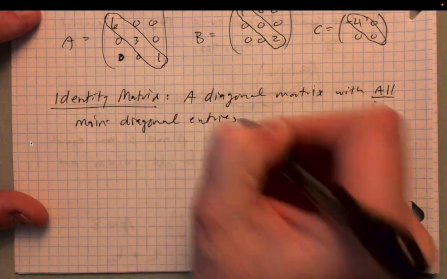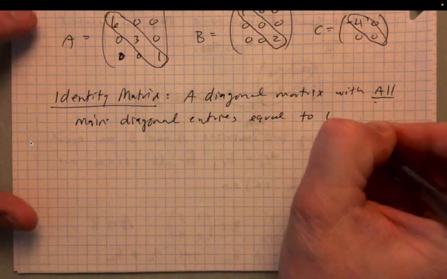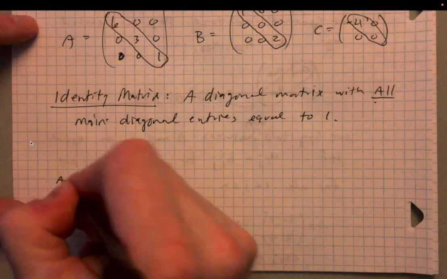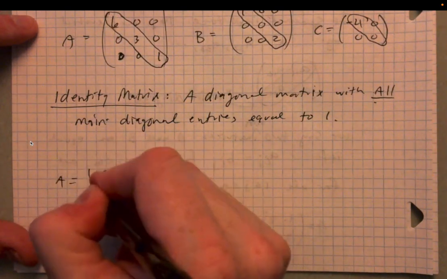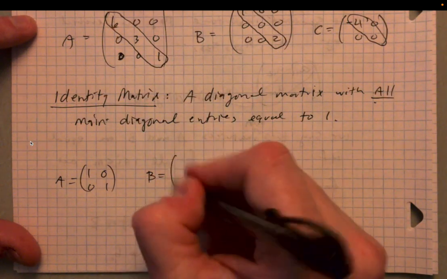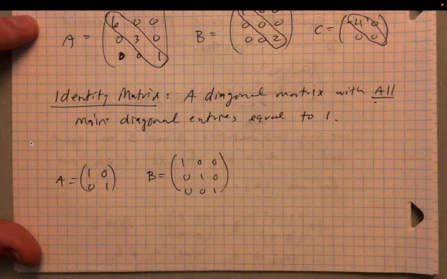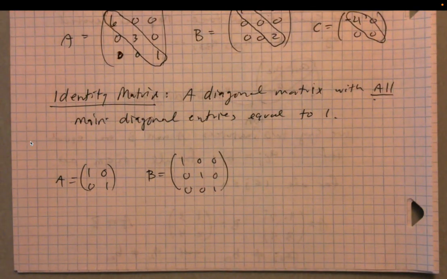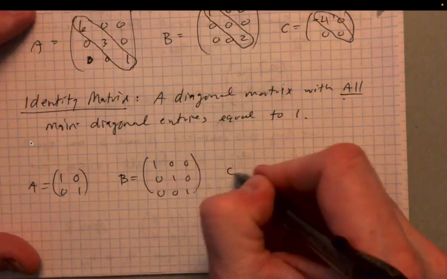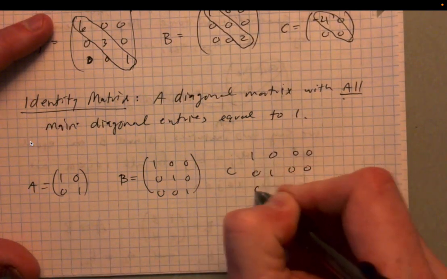A few examples: 1, 0, 0, 1 is the 2 by 2 identity matrix. 1, 0, 0, 0, 1, 0, 0, 0, 1 is the 3 by 3 example, and the 4 by 4 follows the same pattern.